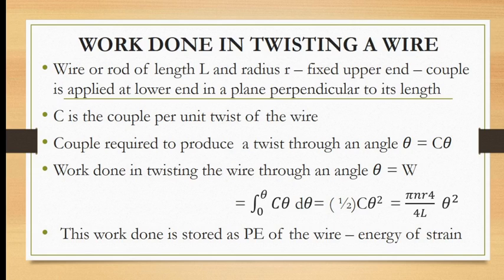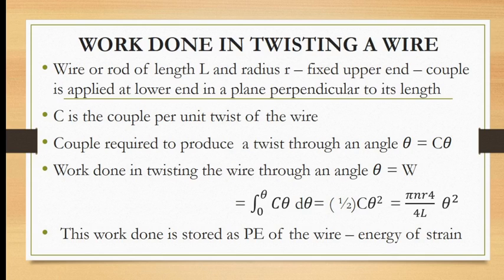If C is the couple per unit twist of the wire, what is the couple required to produce a twist theta? It will be C theta, isn't it? Once again, C is the couple per unit twist. Unit twist means theta is equal to 1 radian, isn't it? Now, what is the couple required to produce a twist of angle theta? It will be C into theta.